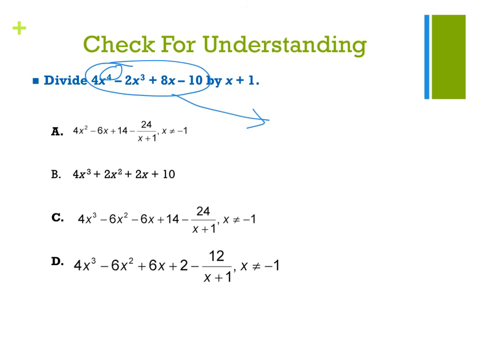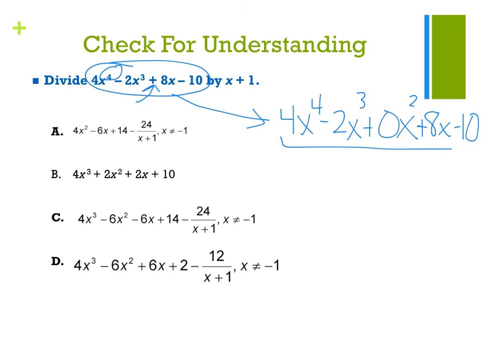And they didn't have a missing term in the last example, but really this 4x to the 4th minus 2x cubed, right here we're missing an x squared term, and you have to account for that when you're doing your polynomial long division. So really what I want you to do is write out 4x to the 4th minus 2x cubed plus 0x squared plus 8x minus 10.